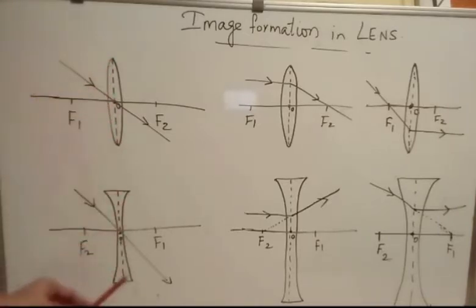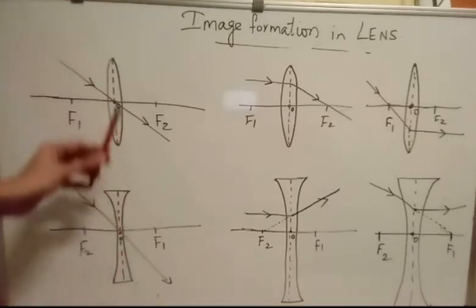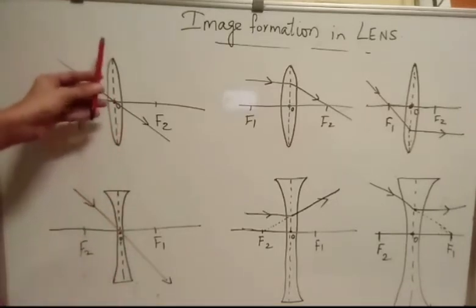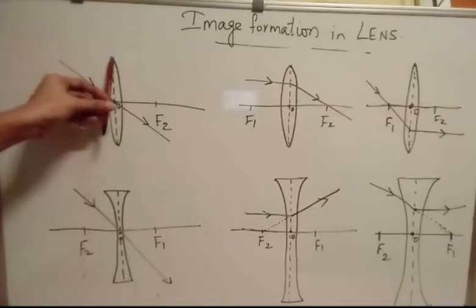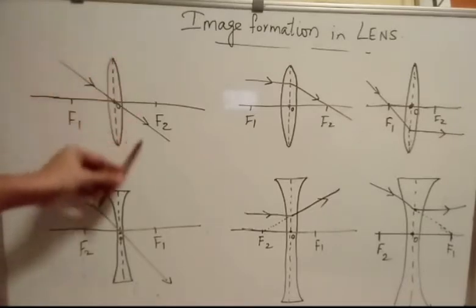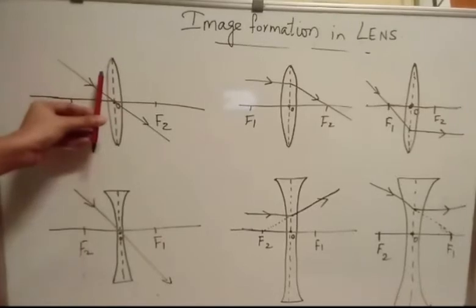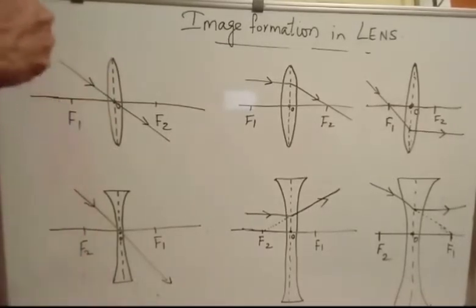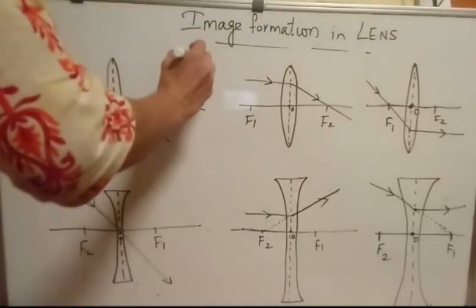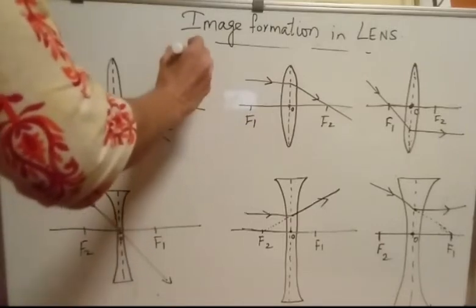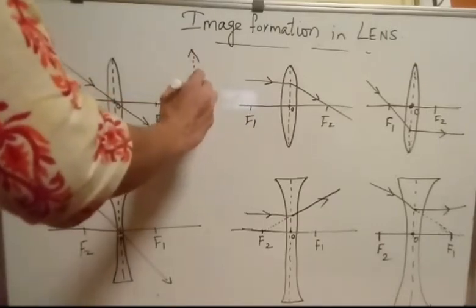For examinations, in certain cases they will allow you to draw a straight line instead of drawing the whole lens, to represent the convex lens. Or, to draw the convex lens, it is also possible to draw the dotted lines and show like this. So this will be convex lens.